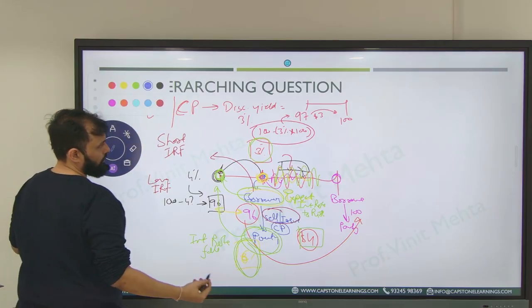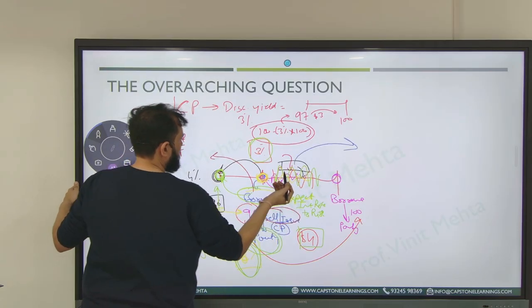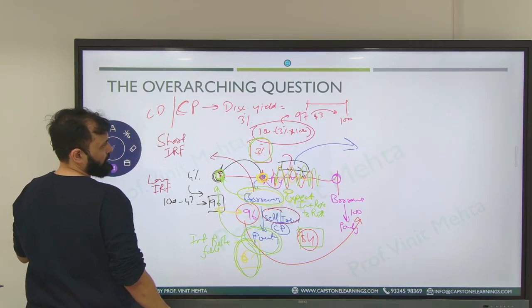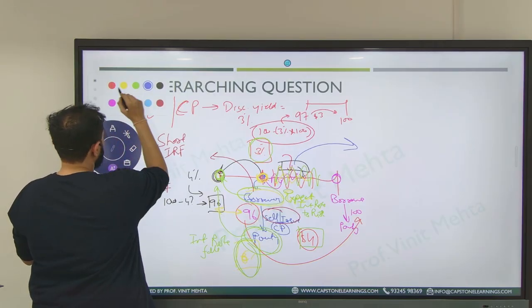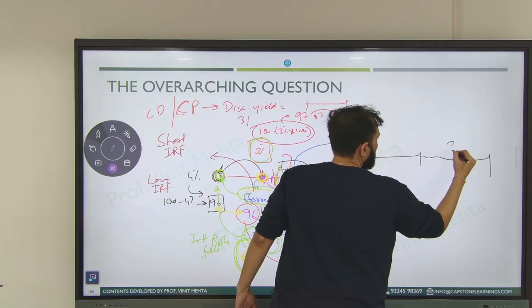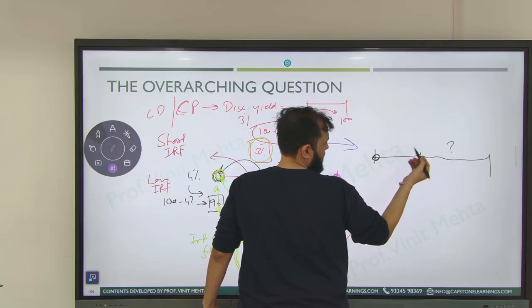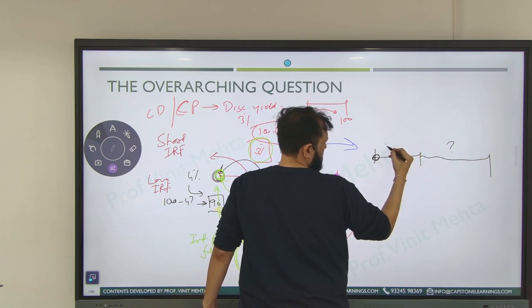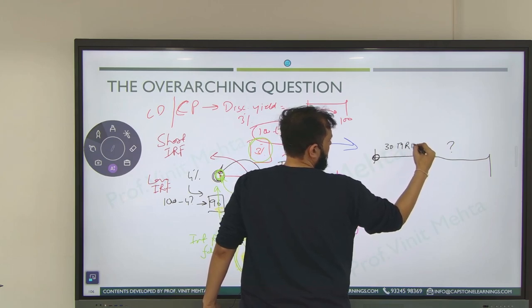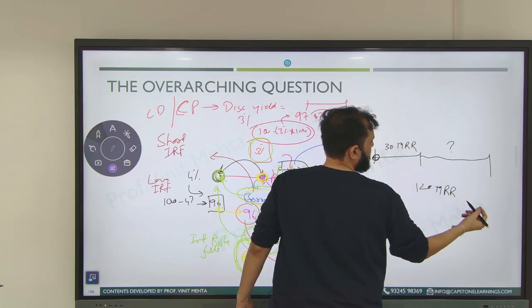So the next question is, how do you get this number? Very simple. Actually, this is too much of a mess. I'll just draw the line over here again. We are talking about how you get the interest rate for this period while you're standing here. I will have the current MRR, which is, let's say, a 30-day MRR, and let's say this is a 120-day MRR, and let's say I'm talking about commercial paper for 90 days.